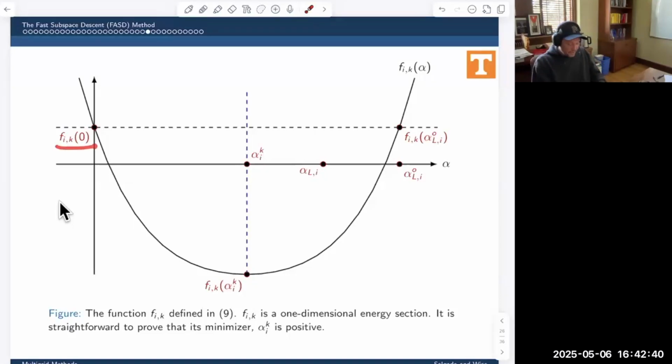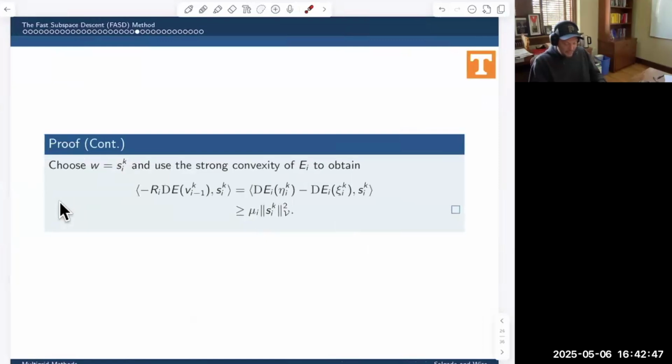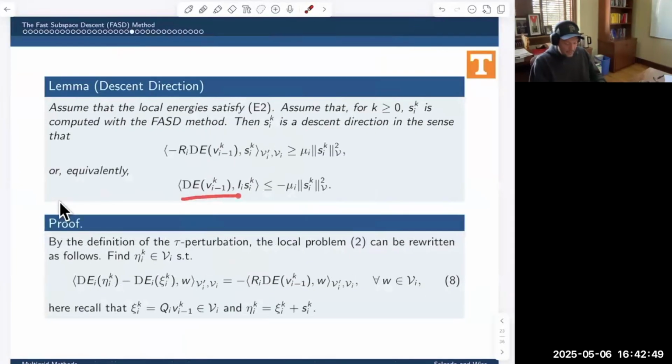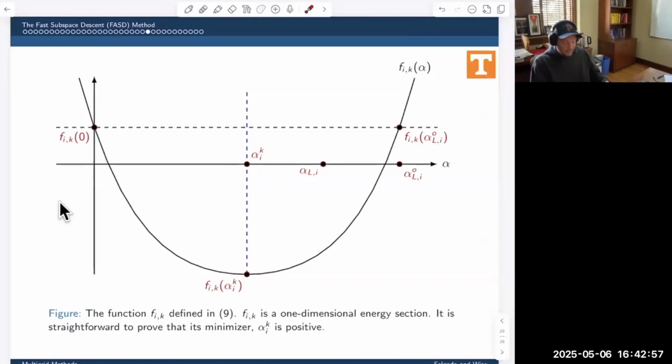Okay, so this function, if I evaluate it at 0, and I take its derivative, that's precisely this derivative right there. And that tells me immediately that my derivative of that function f is negative. That says that you're going downhill. That's good because that orients me. It tells me that I'm going in the positive alpha direction to do my searching.